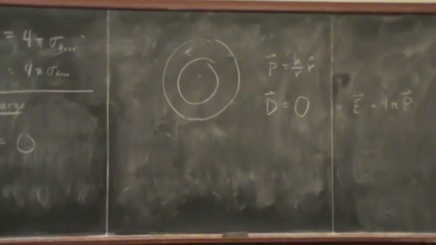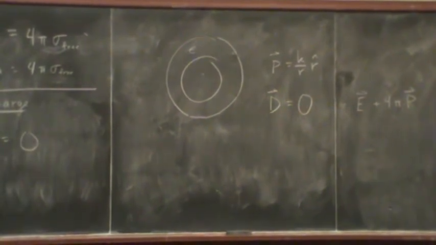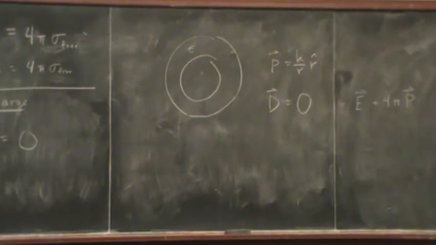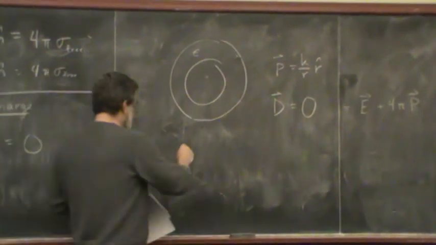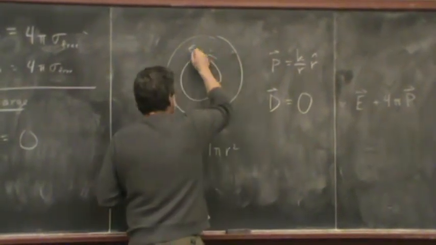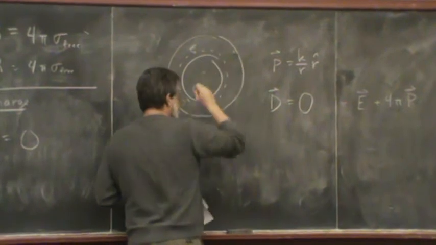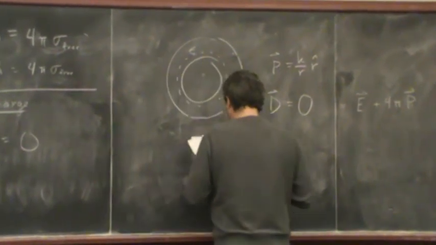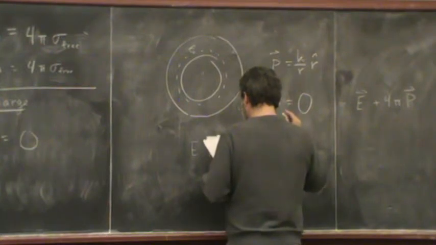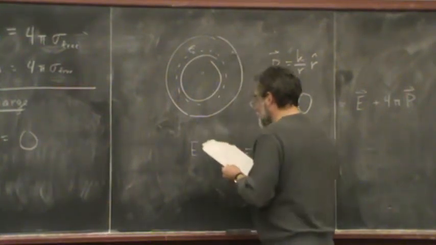The first part of this problem, where he asks you to do it using Gauss's law, is harder. It's kind of irritating. You're going to have to write down that E times 4 pi r squared for a Gaussian surface like that is equal to... Oh, no, first we have to do this.